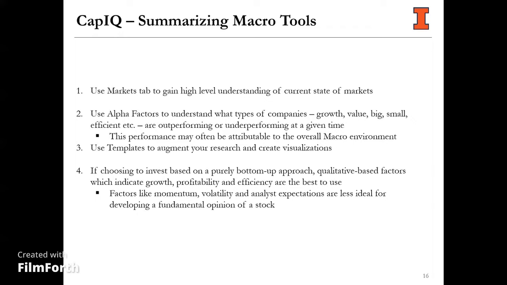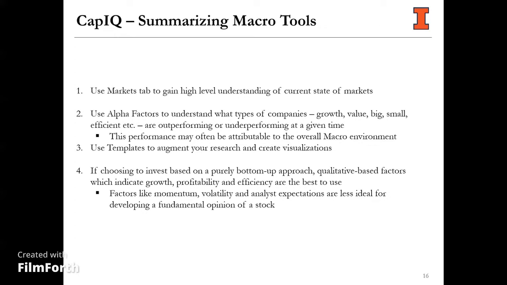Stocks that are more momentum stocks, momentum could be attributable to true qualitative factors about a company. Are they more profitable? Are they growing faster? That could coincide with momentum, but momentum is oftentimes driven by perhaps macro factors or simply driven by institutional investors, things outside of the true fundamental investor scale.